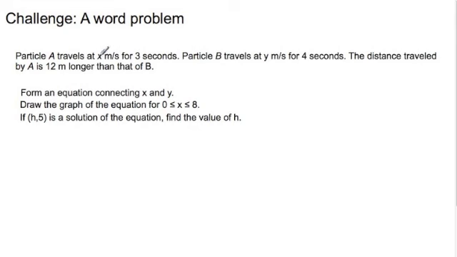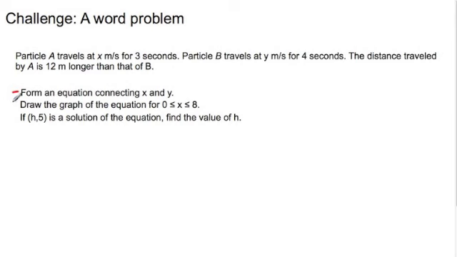Particle A travels at x meters per second for 3 seconds. Particle B travels at y meters per second for 4 seconds. The distance traveled by A is 12 meters longer than that of B. So first thing you want to do is form an equation connecting x and y.